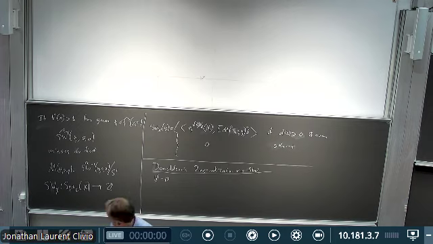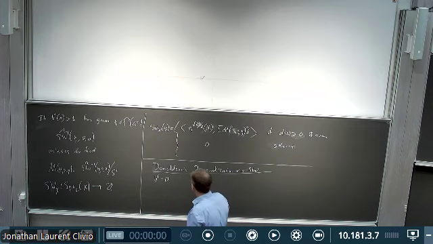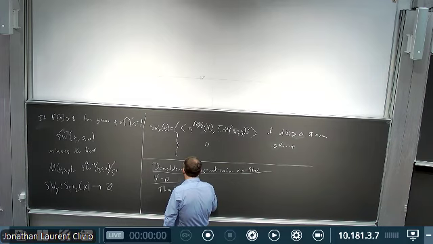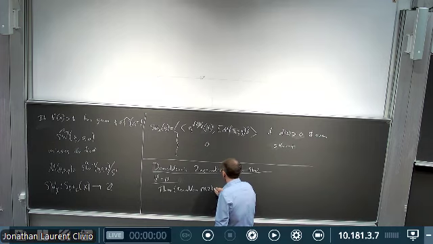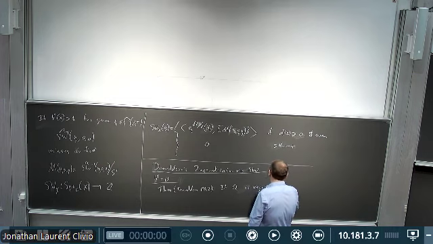So let me state the theorem. Donaldson's theorem, '82, says that if Q is, we're going to say, negative definite.